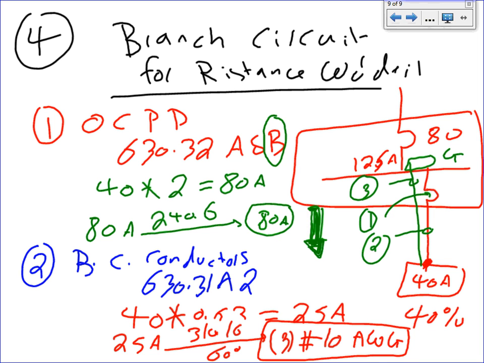Well, let's check. 3 conductors, number 10. Now remember what B says. B says if you have a conductor, it can't be protected at more than 200% of its ampacity. So I size it based on number 10. I'm going to go check with B. How much current can number 10 carry in 310.16 under the 60-degree column? 30 amps.